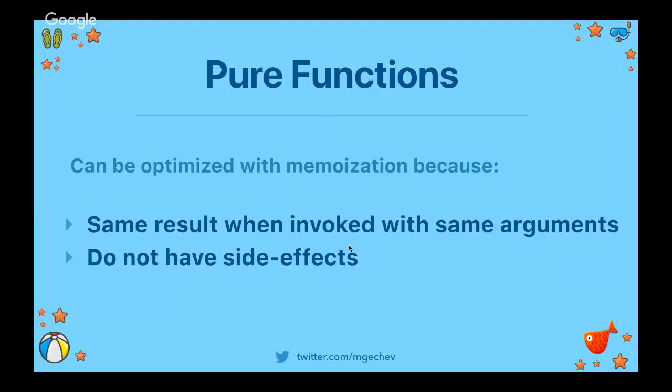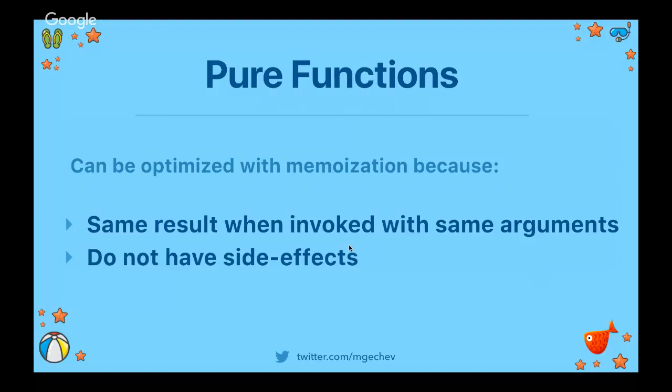However, there is one very important detail. In order to apply memoization, we need to have pure functions, because these are functions which always return the same result when invoked with the same set of arguments, and they don't produce any side effects. Because imagine that we have an impure function which produces different results when invoked with the same set of arguments.